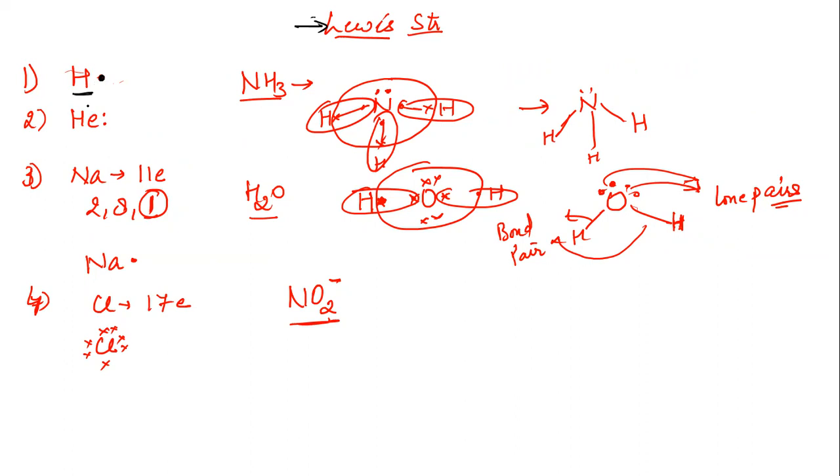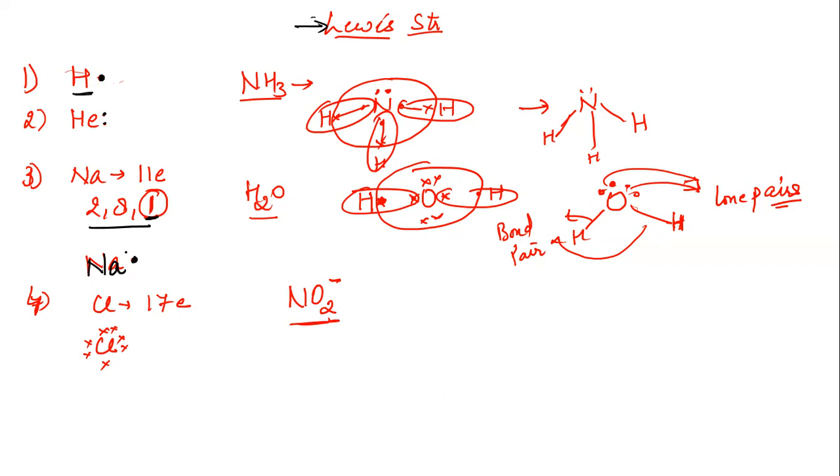Helium has two electrons in the last shell, so it will be He with two dots. Sodium's electronic configuration is 2, 8, 1, so one electron in the last shell, and the Lewis structure will be Na with one dot. In the Lewis structure, we represent electrons in the form of dots.